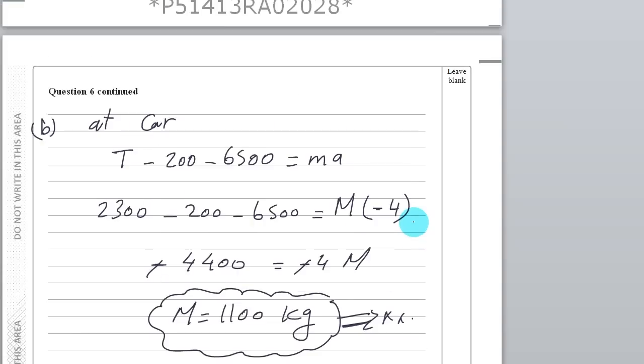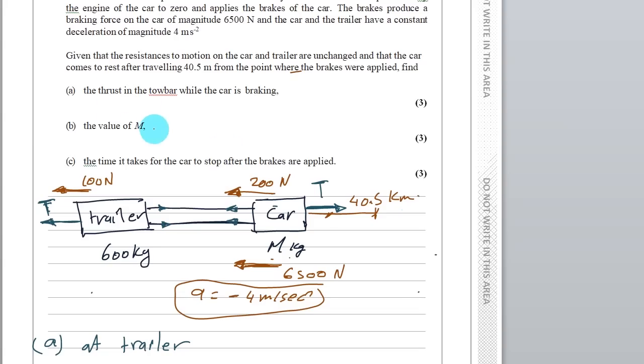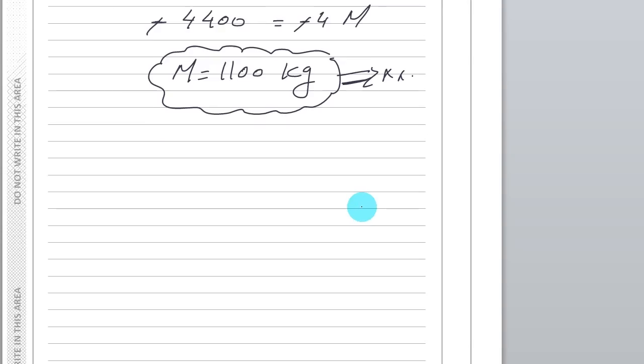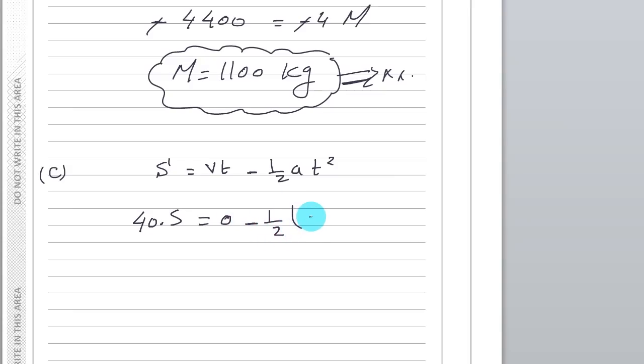Okay, let us go ahead to another part: the time it takes for the car to stop after the brakes are applied. We know the distance, which is 40.5. Let us now write the equation. S is equal to Vt minus half At squared. So S is 40.5, V is equal to 0, minus half, acceleration is minus 4, T squared.